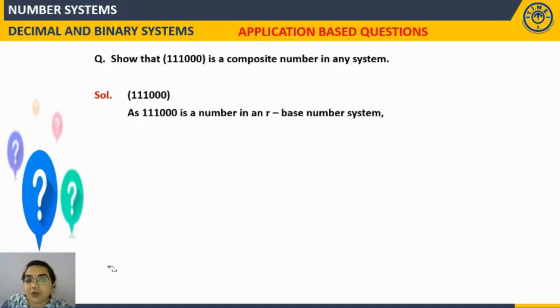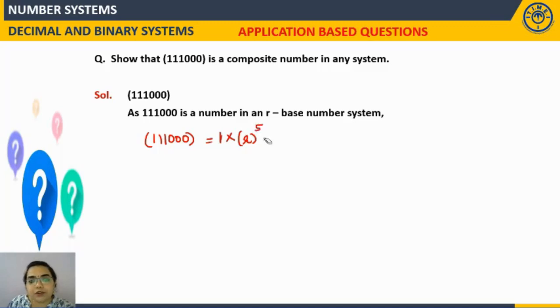Now, how do we convert this number into the decimal form? If you can recall the basics, in 111000 you write down the first digit, multiply it by R, which is the base of the system, to the power of number of digits minus 1. Didn't we discuss this in the basics? So what is the number of digits? You have 6 digits.